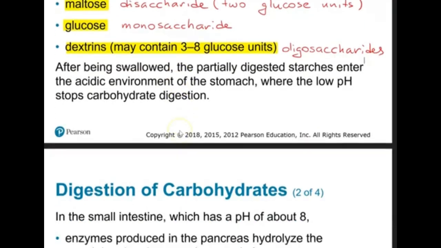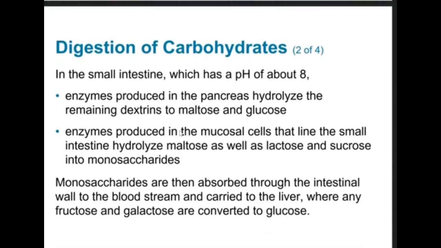So when you swallow those partially broken bits, they go into the stomach where no carbohydrate digestion occurs because it's too acidic. Eventually, those bits and pieces reach small intestine. In the small intestine, pH becomes slightly basic.